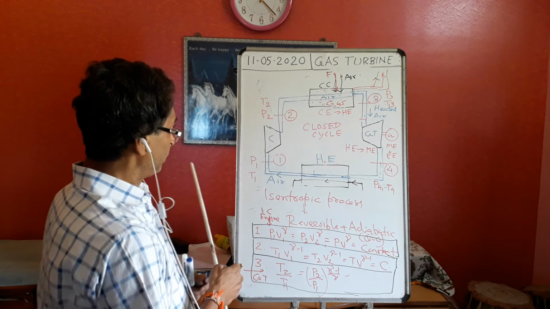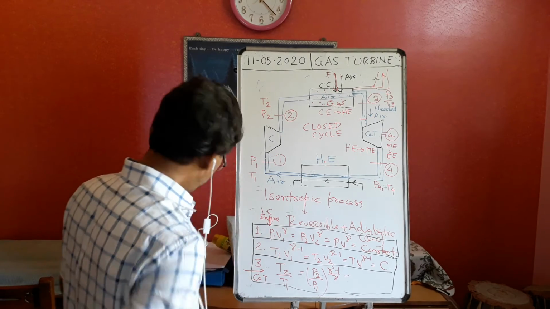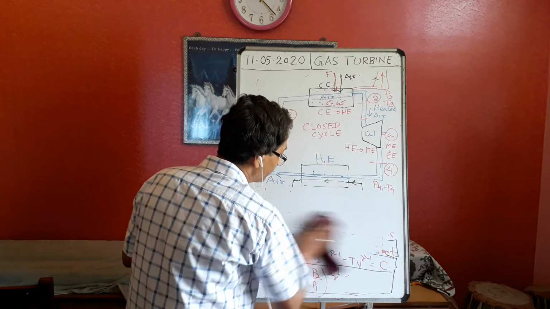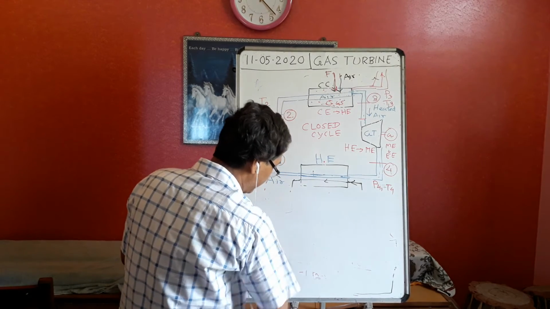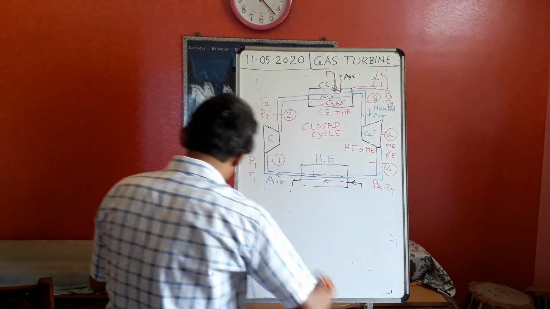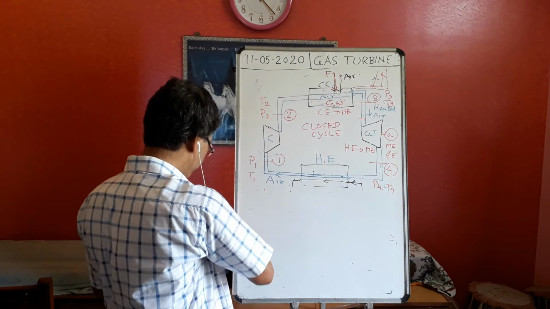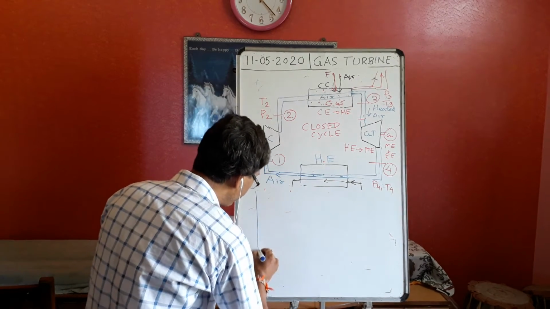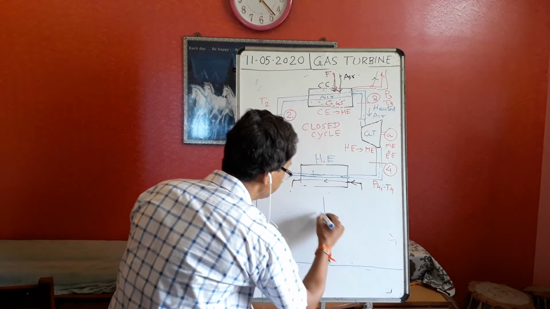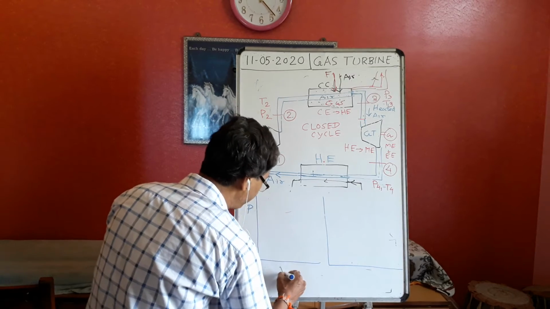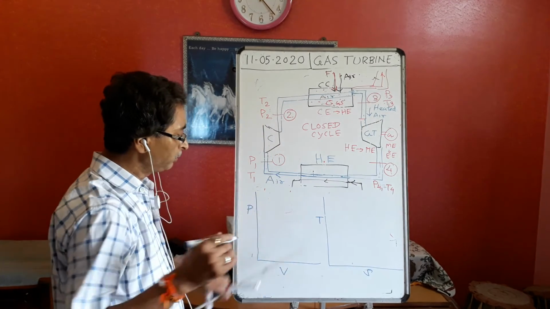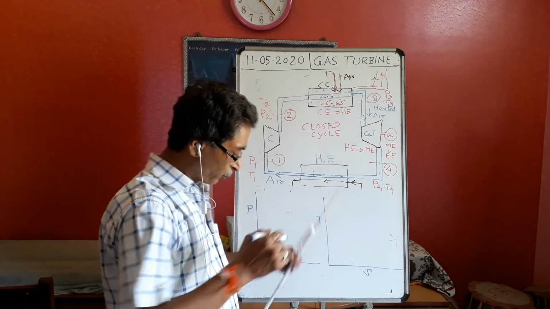Okay. Now let us see what will be the shape of the cycle in the PV diagram and TS diagram. This is my PV coordinate and this is my TS coordinate. PV is pressure and volume; TS is temperature and entropy.